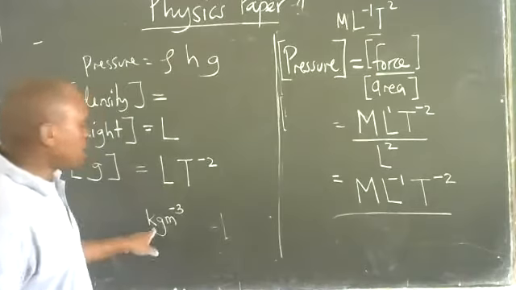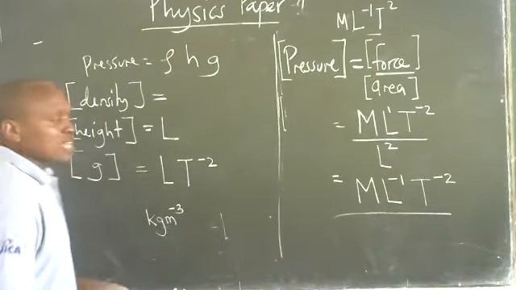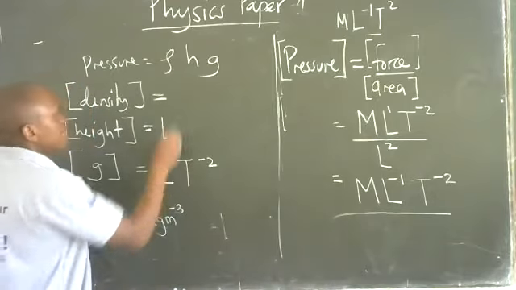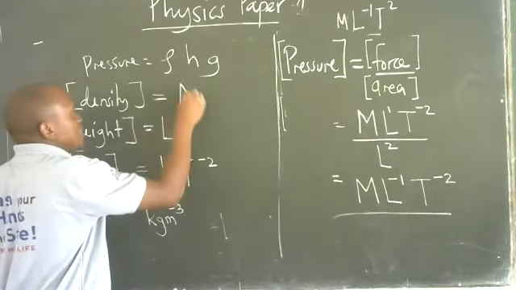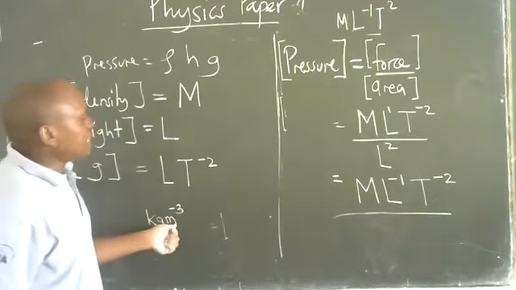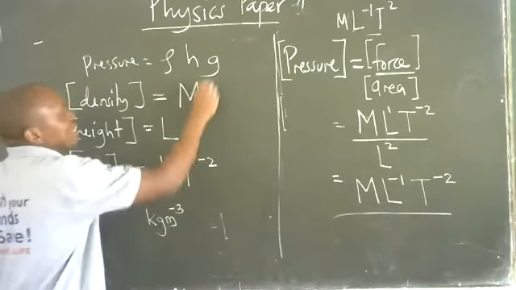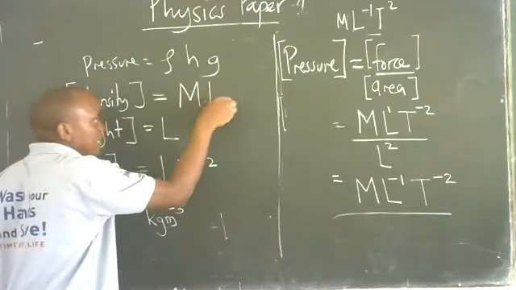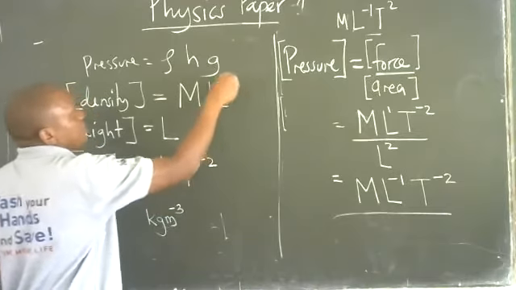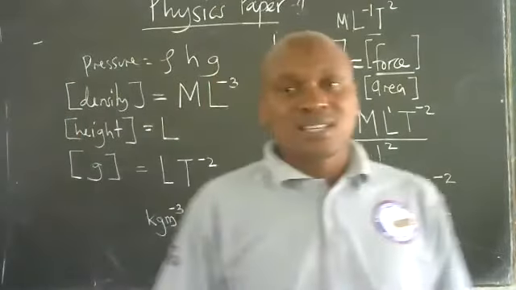Now, kilograms come from mass, so I'll put M. Meters cubed is length, so I put L and a -3. So you can get the dimensions just from the units.